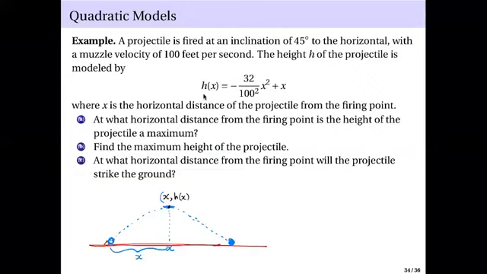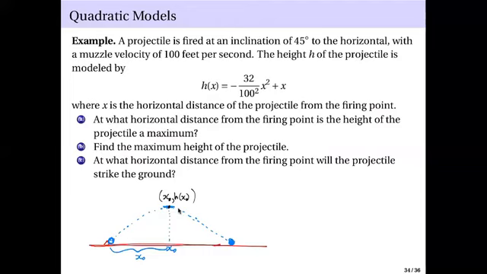To reduce the confusion, instead of just writing x, let me write x sub 0, a particular value of x. So this point has coordinates x sub 0, h of x sub 0. We need this x sub 0.